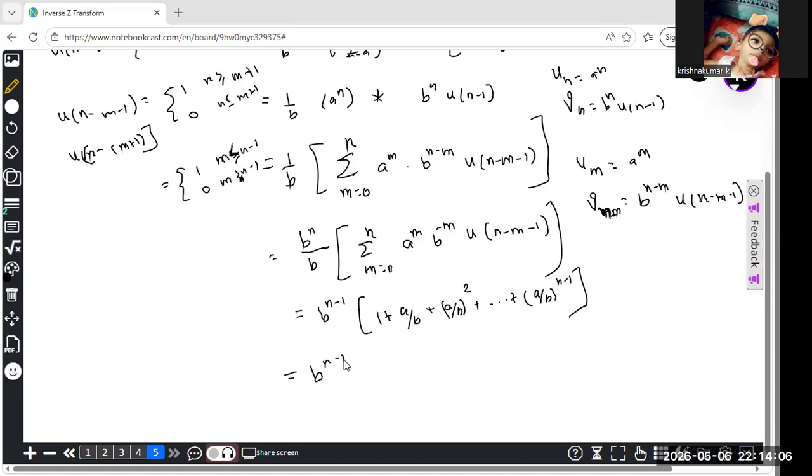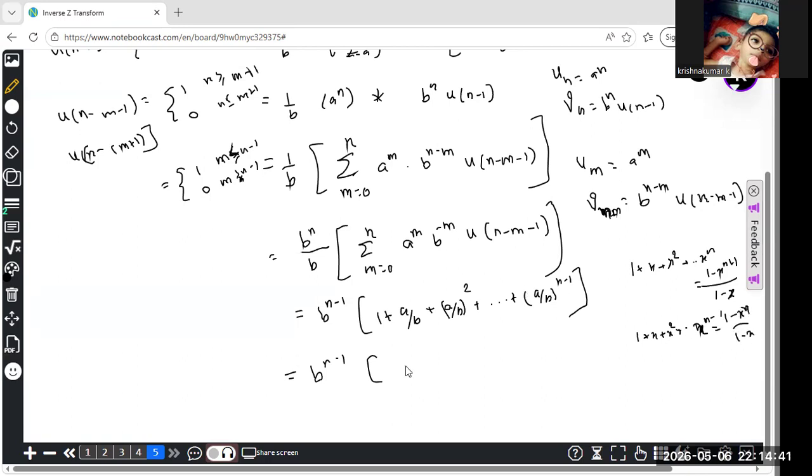So b power n minus 1. Again, this is of the form 1 plus x plus x square up to x power n minus 1. If 1 plus x plus x square up to x power n, then this equals 1 minus x power n plus 1 divided by 1 minus x. In the place of n, we have n minus 1, therefore this 1 plus x plus so on up to x power n minus 1 will be equal to 1 minus x power n divided by 1 minus x.